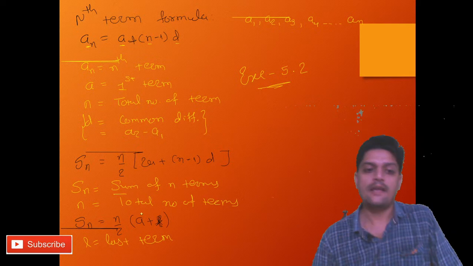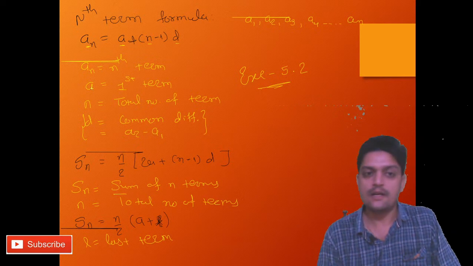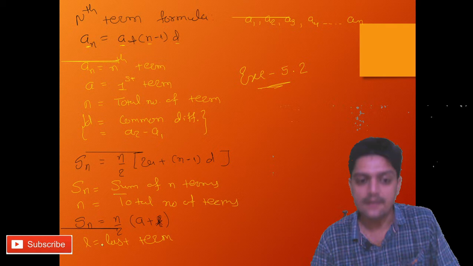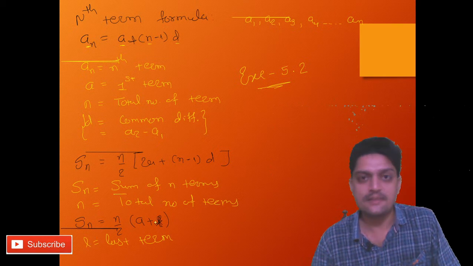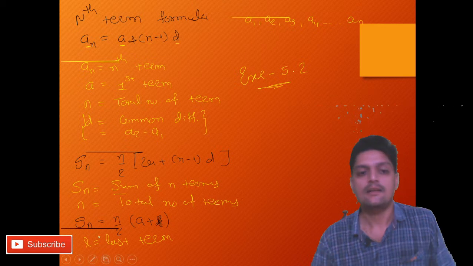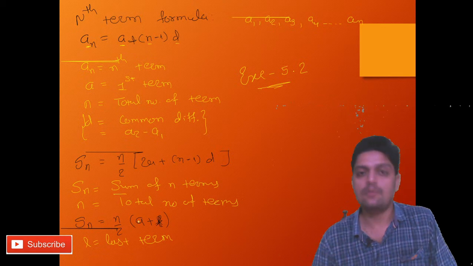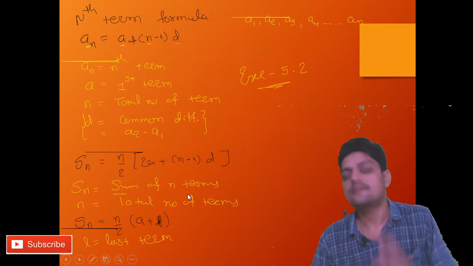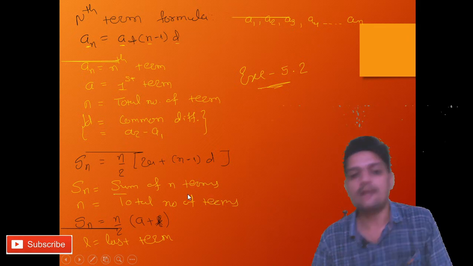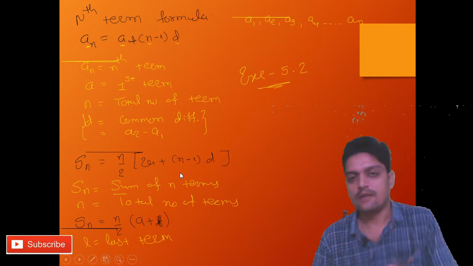A is the first term, which I have already written here, and L is the last term. So when both the first and last term are given, you have to use the second formula. But when the first term is given but the last term is not given, then you have to use the first formula. Okay, is that clear?